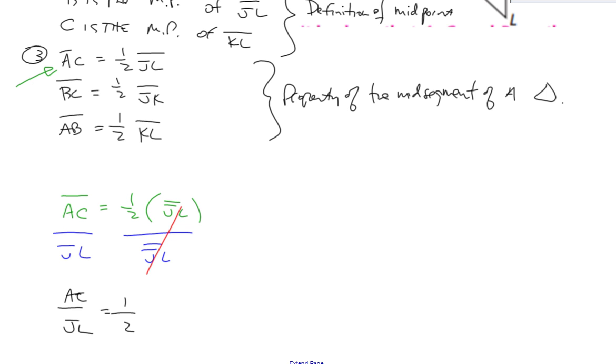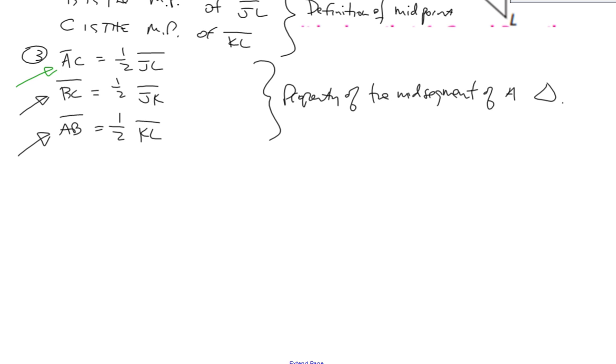And I can do that with each one of these. I can do that with AC and JL, with this statement, and with this statement as well. So in other words, I can rewrite each of these in statement number 4 by saying AC over JL is equal to 1/2, comma. I can also say BC over JK is equal to 1/2.